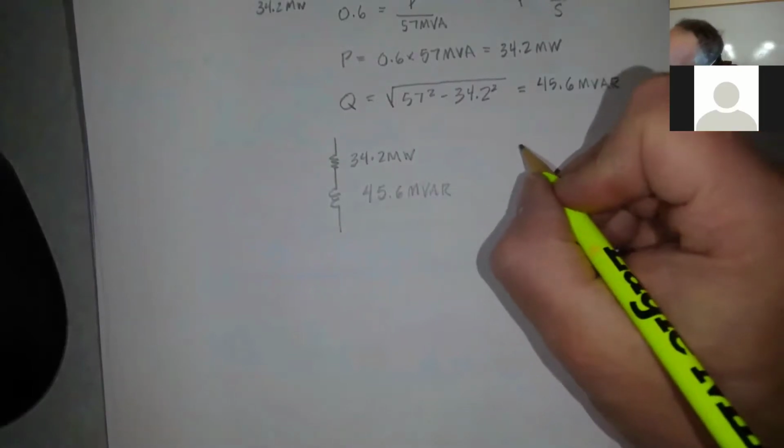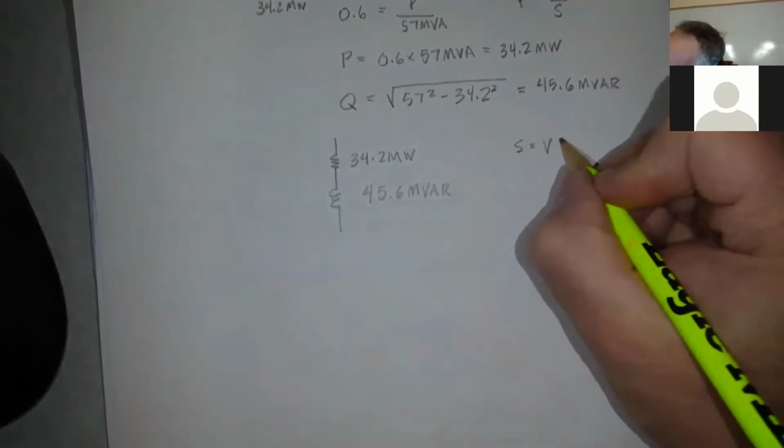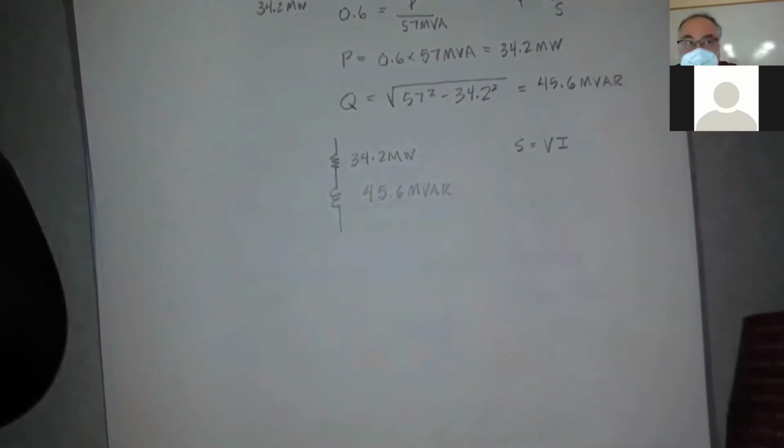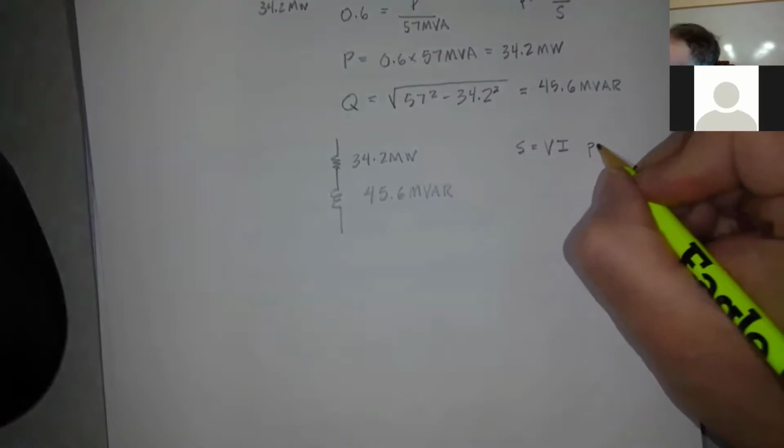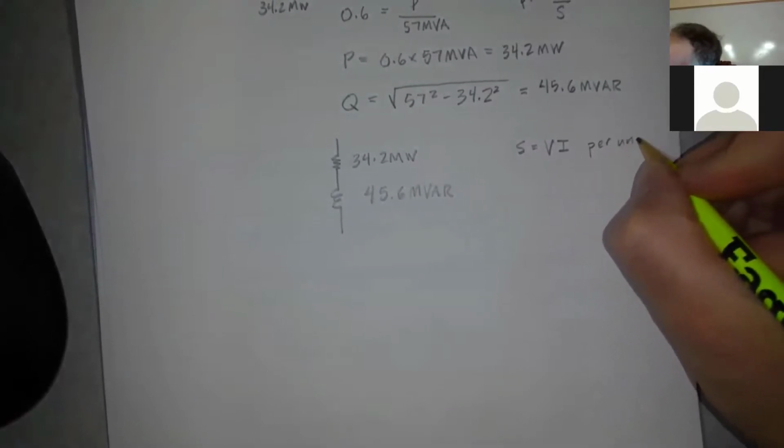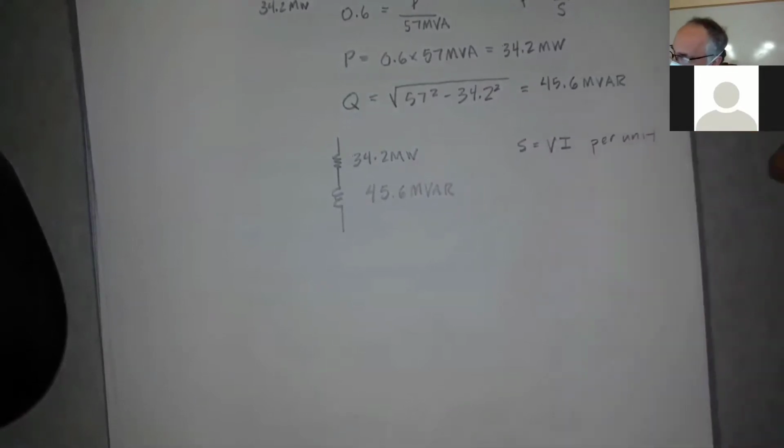Now, in the per unit world, S is just equal to V times I, right? Does everyone agree with that?